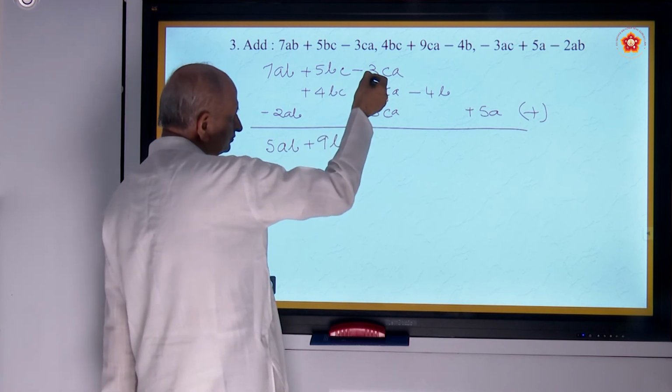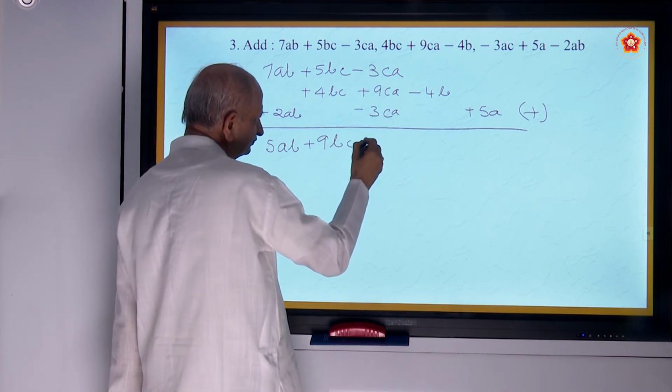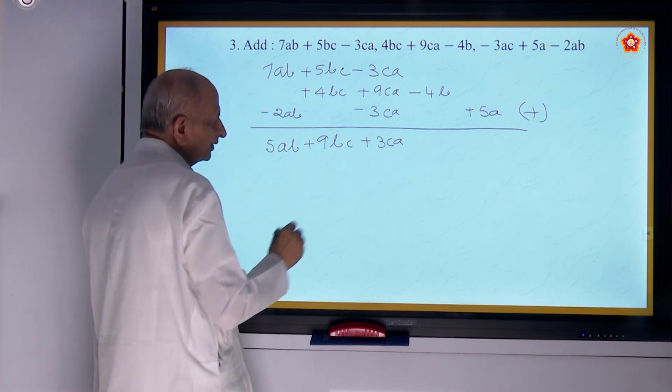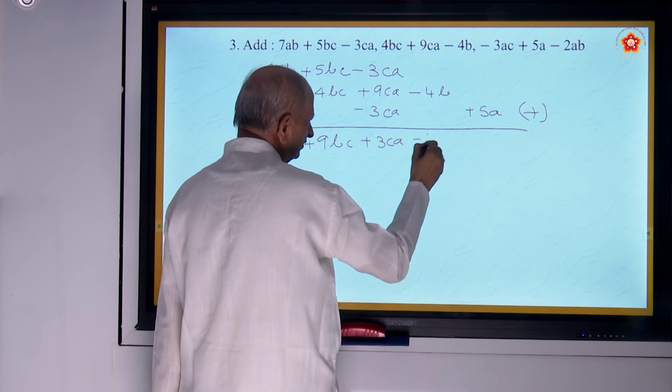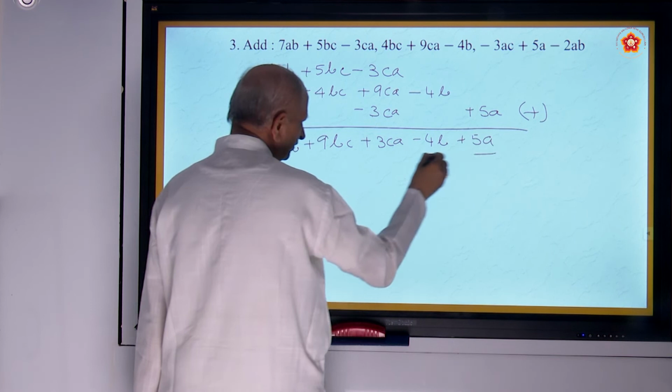Here minus 3 plus 9 is plus 6ca. And here there is no other term, so write as it is. So that is the answer.